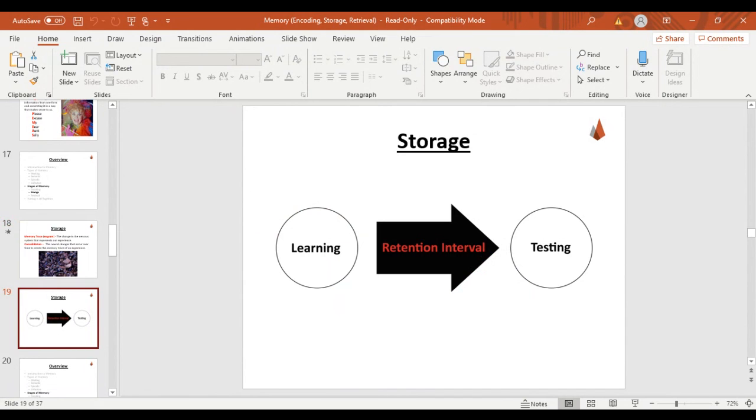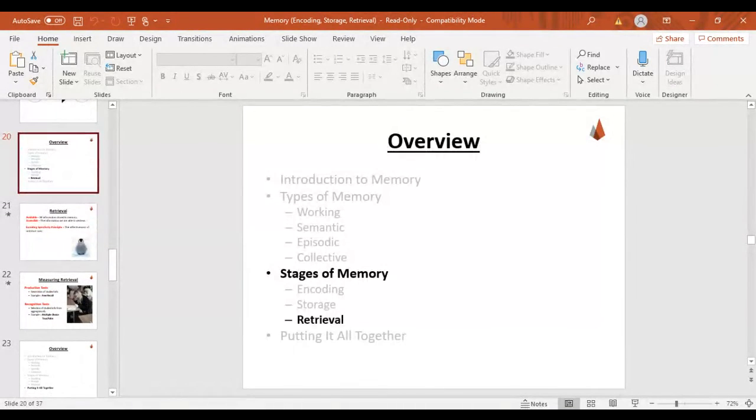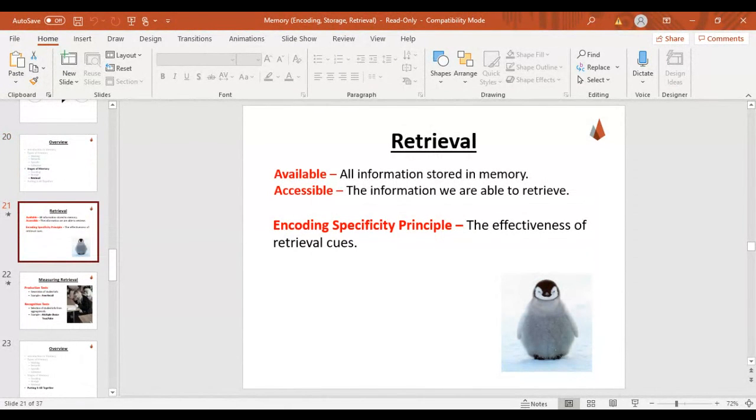So this is the idea of being able to keep memory in your mind for later to pull it out and use. Retrieval is when we actually pull out the memory to use it. It has to be available and accessible, so information that you are able to retrieve easily.